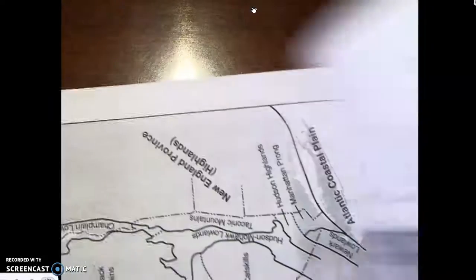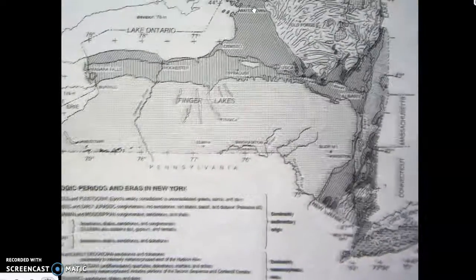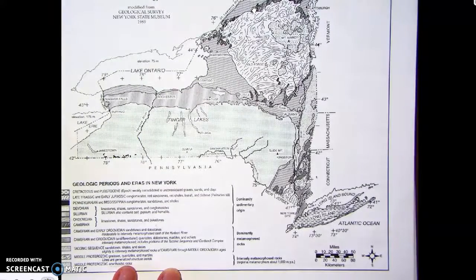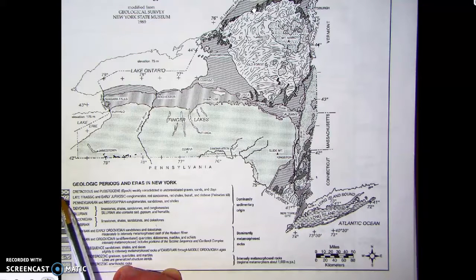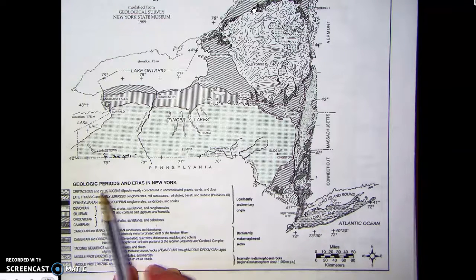I'm going to go to the reference table for a second. You don't have to get it out, but if we take a look at a map of the state, which is here, and we look at Long Island. Long Island is over here. And if we look at the legend, we have these dashed lines. And if I look at the legend over here, it says Cretaceous and Pleistocene epoch.